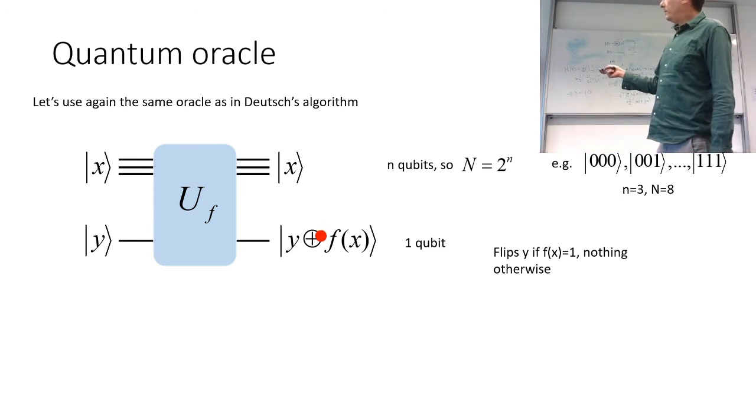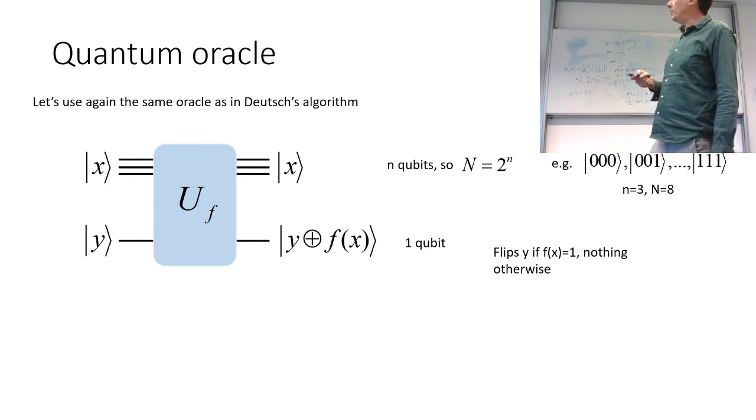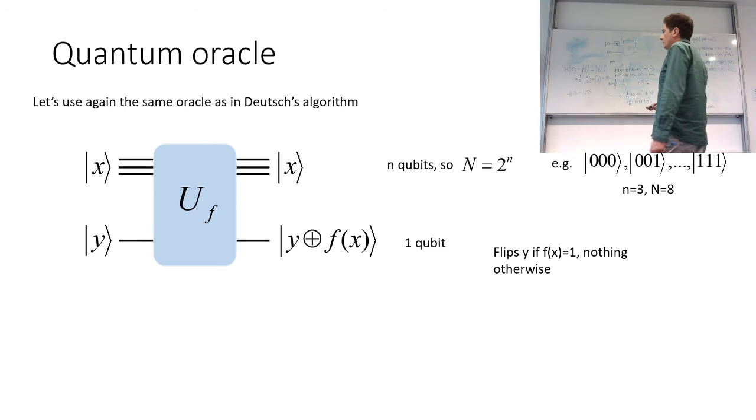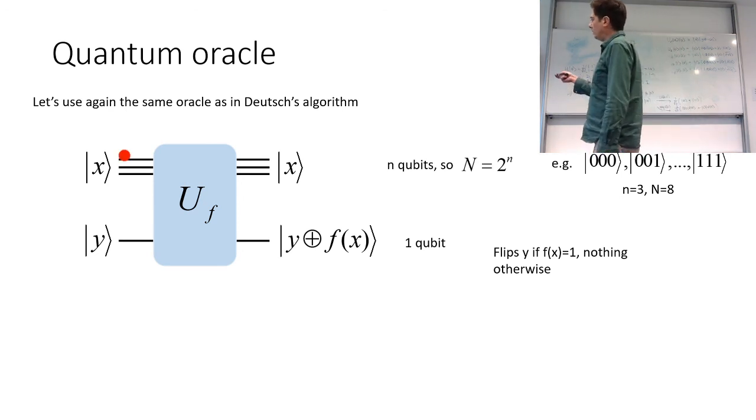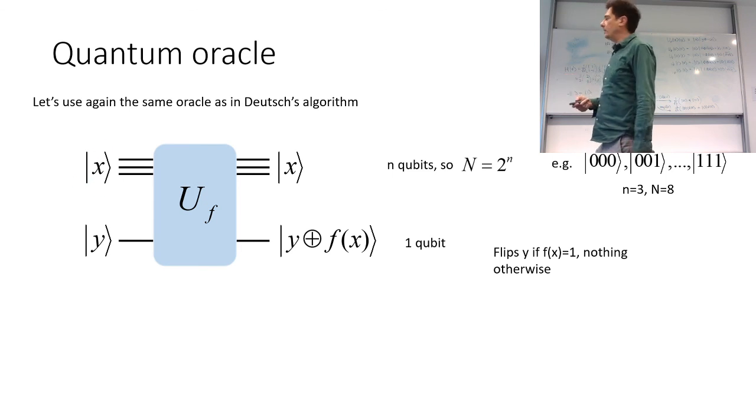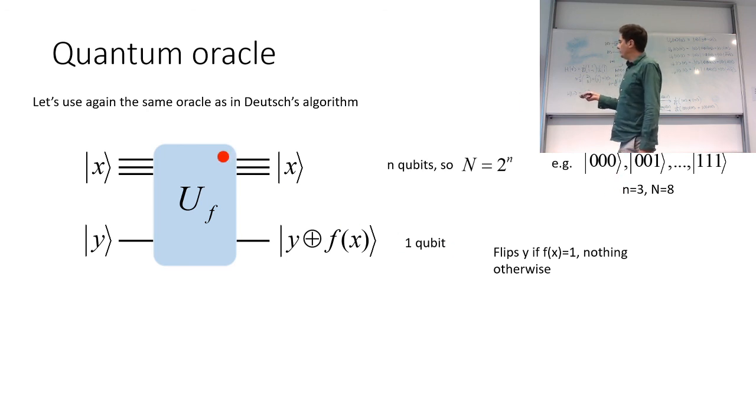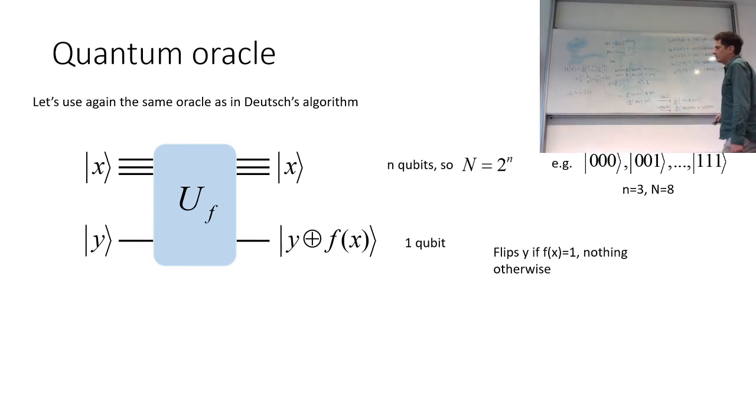The only difference is that our input x is not just one qubit, it's a whole range of qubits, because this x is now a binary variable that goes between 0 and n minus 1. So if little n is 3, so I've got 3 qubits, then this goes from 0 to 7, 8 elements in total.